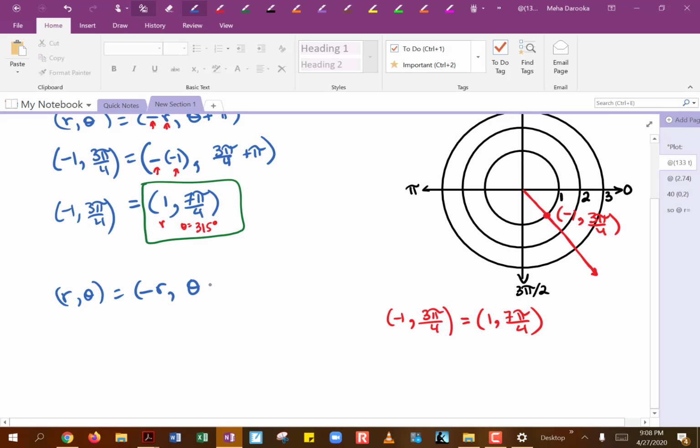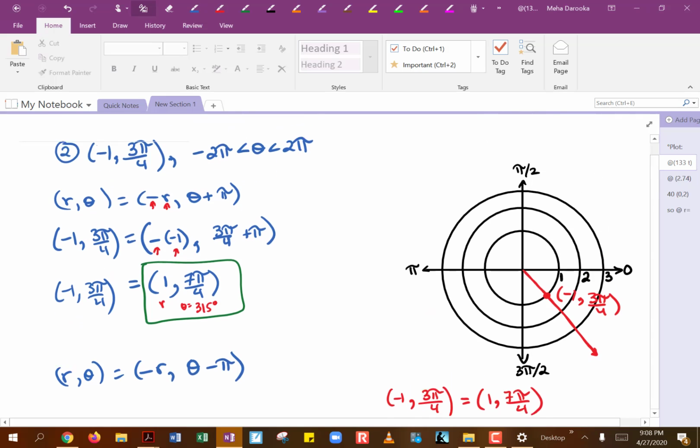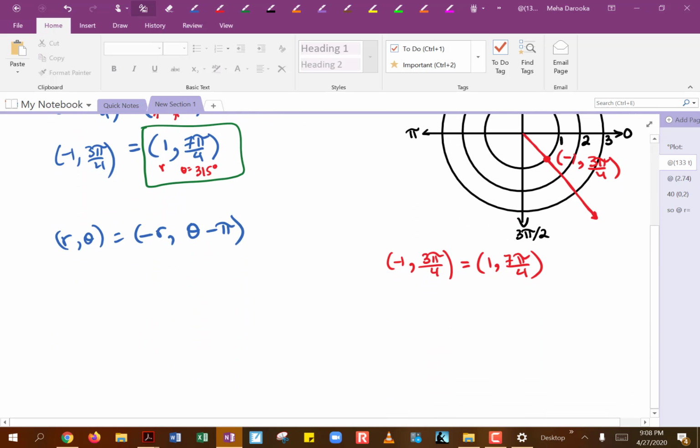negative r, theta minus pi. So instead of adding pi, we are subtracting pi. So again, you will be doing negative on negative 1. Theta is 3 pi over 4, and we are subtracting pi from it. So negative times negative will make that a positive 1. 3 pi over 4 minus pi will end up giving us negative pi over 4.